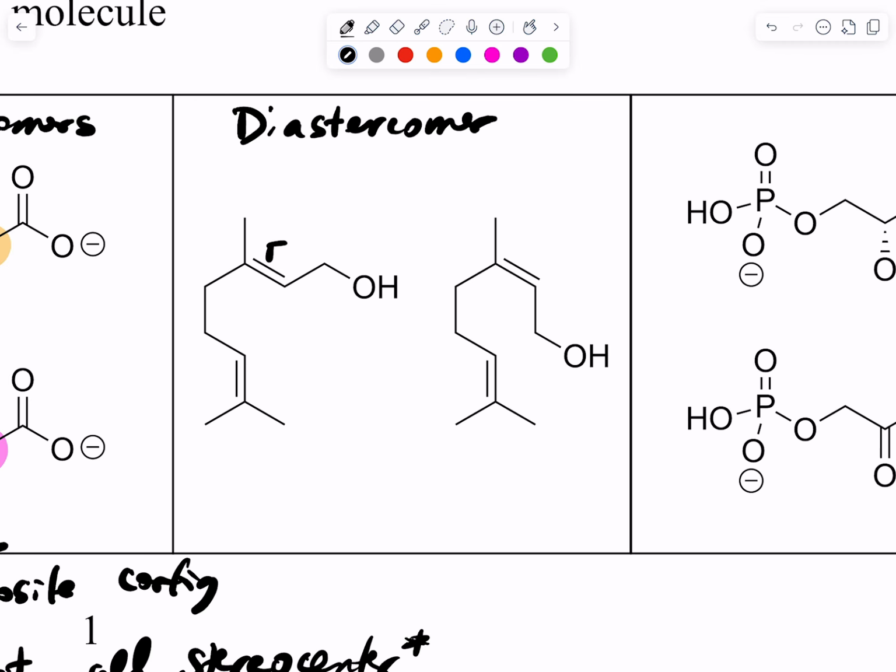This pi bond is E, this one is Z. And you should be having a little bit of PTSD because this problem was a nomenclature problem on your exam and it confused some of you who were trying to figure out what the heck to call this double bond. And the secret was it is neither E nor Z, it's just because it's got two of the same thing there. So yes, E and Z configuration issues are always diastereomer issues.